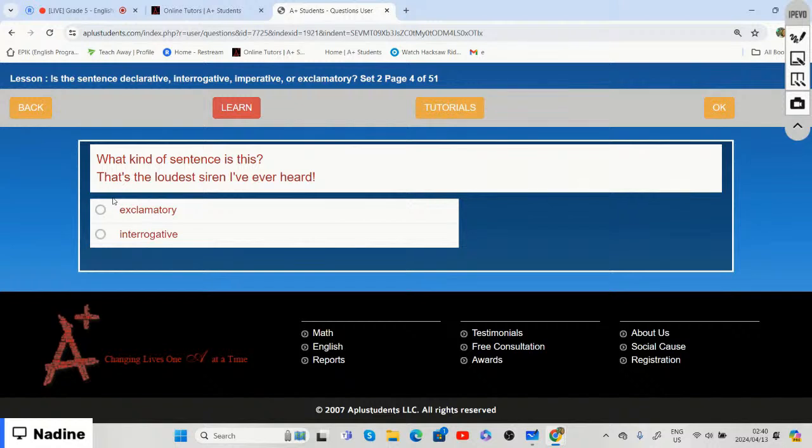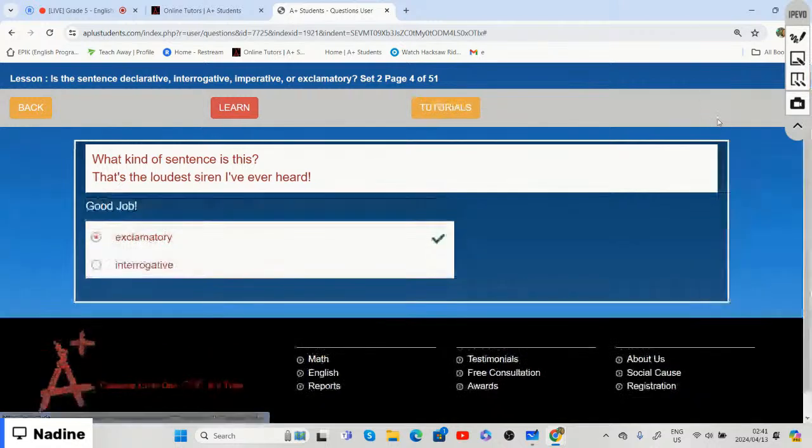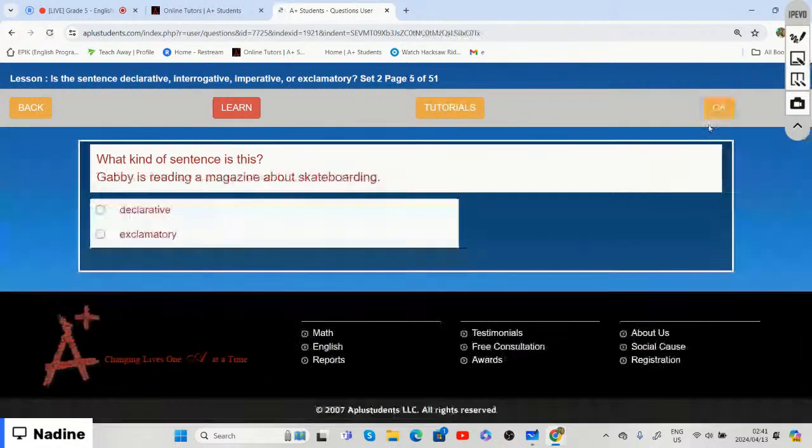All right, then we can say it is an exclamatory sentence and it ends with an exclamation point, right? Well done, guys.